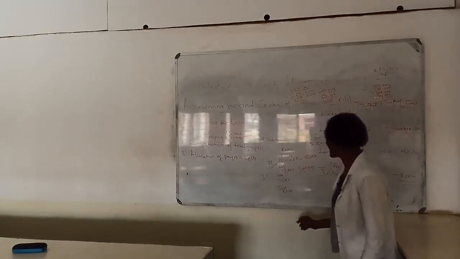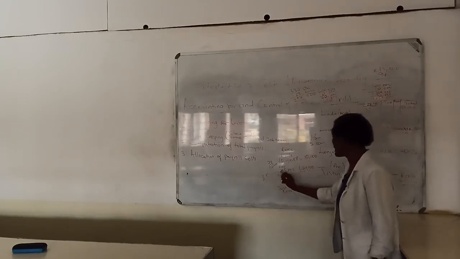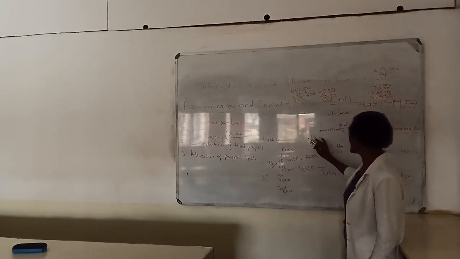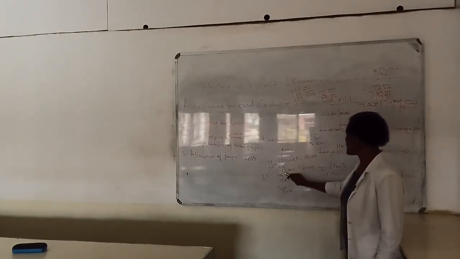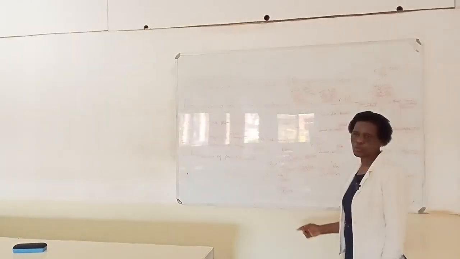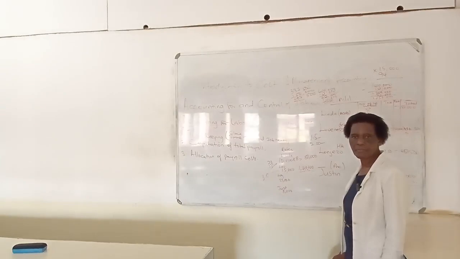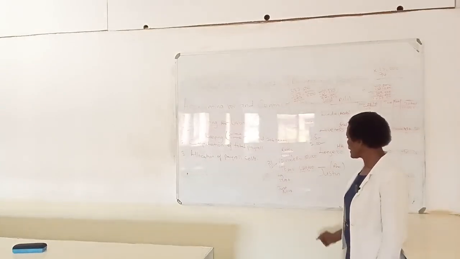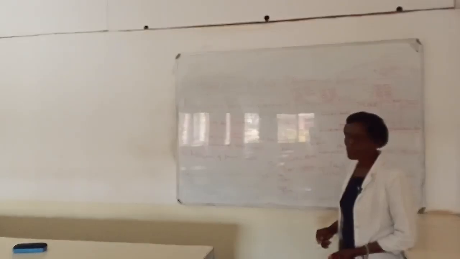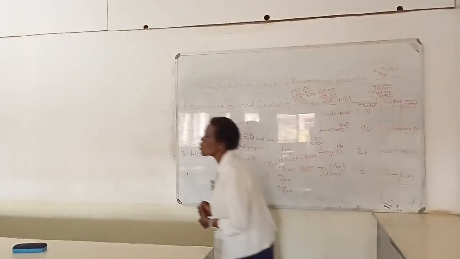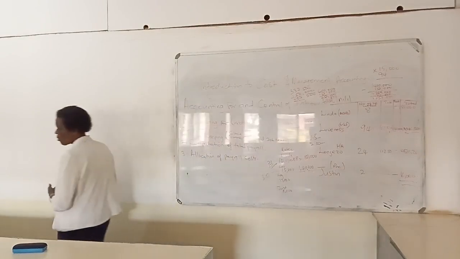But if it's within the week, just overtime, it means it's going to be 7.5 plus 15, which is 22.5. You get the point? And so on and so forth, when we are talking about premiums or overtime.